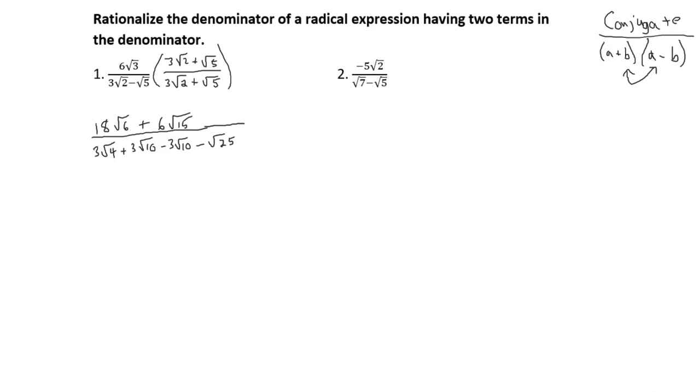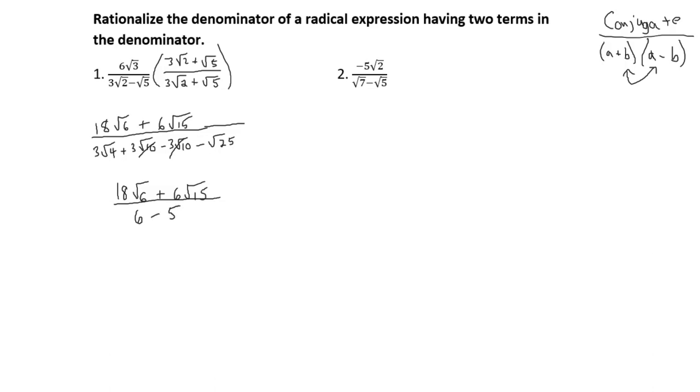So then we end up with 18 square root of 6 plus 6 square root of 15 divided by 3 times 2, because square root of 4 is 2, 3 times 2 is 6. Middles cancel, minus 5. And so 6 minus 5 is 1.